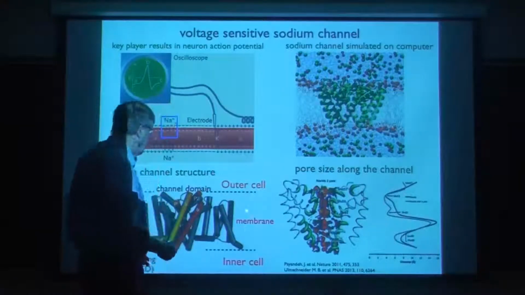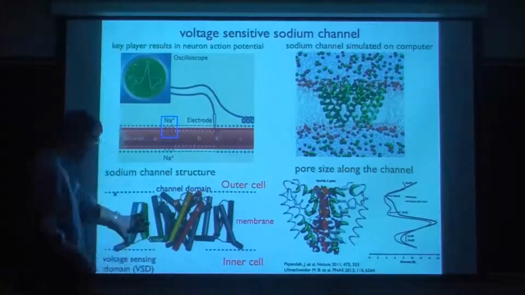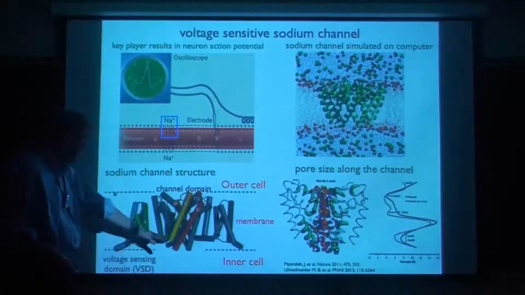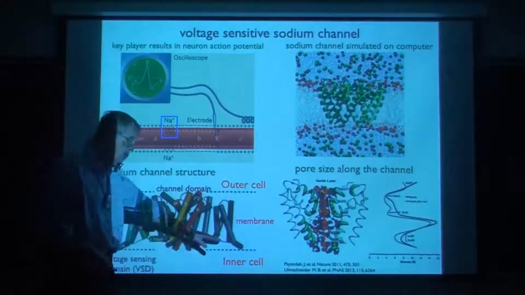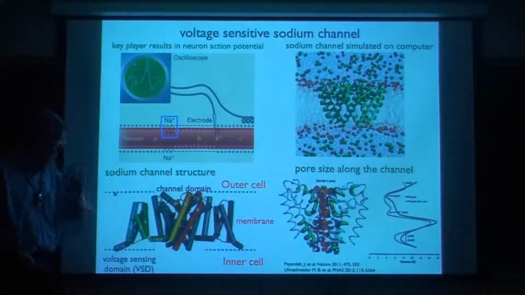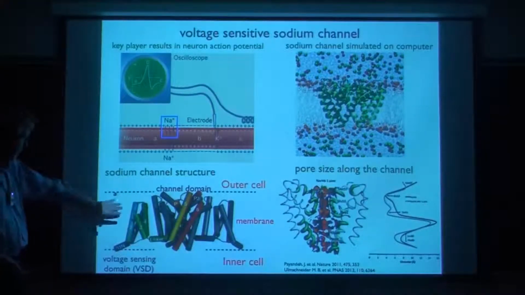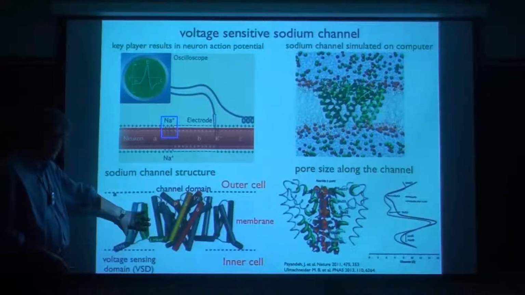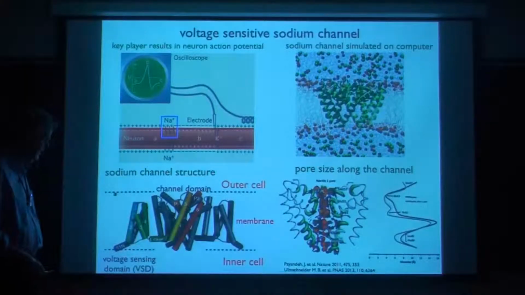You also surround these channels by voltage sensing domains that are very, very similarly structured. They also have a linker, and so that part works very similarly. They are very homologous, so they have one more helix than the other one. So there are 4 helices here plus the linker helix.